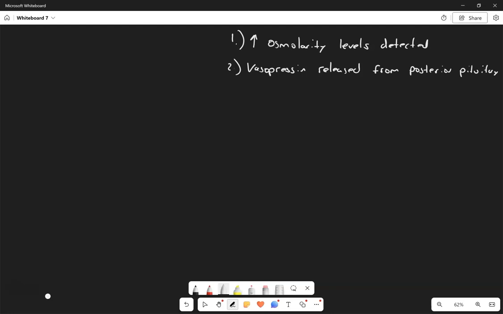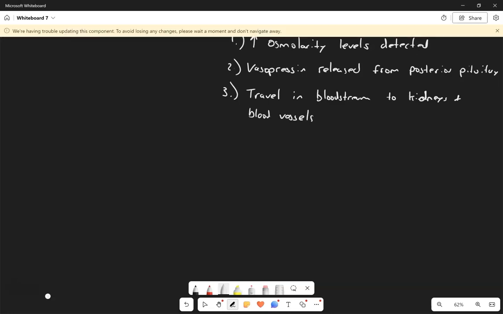Then the vasopressin is going to travel in the bloodstream to the kidneys and blood vessels, or more specifically, the smooth muscle surrounding the blood vessels.